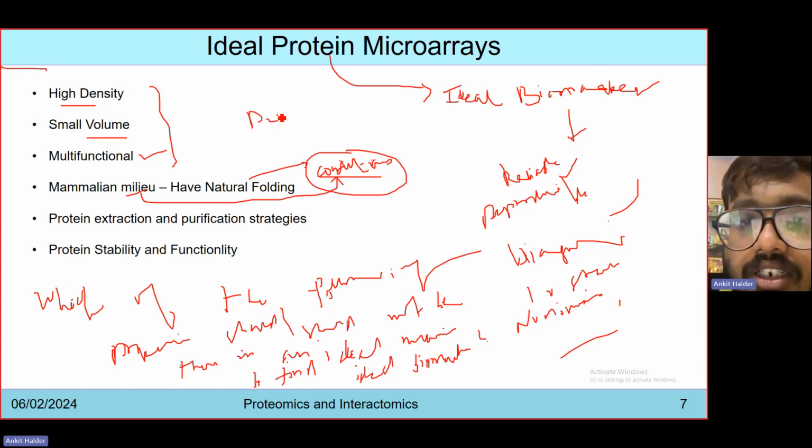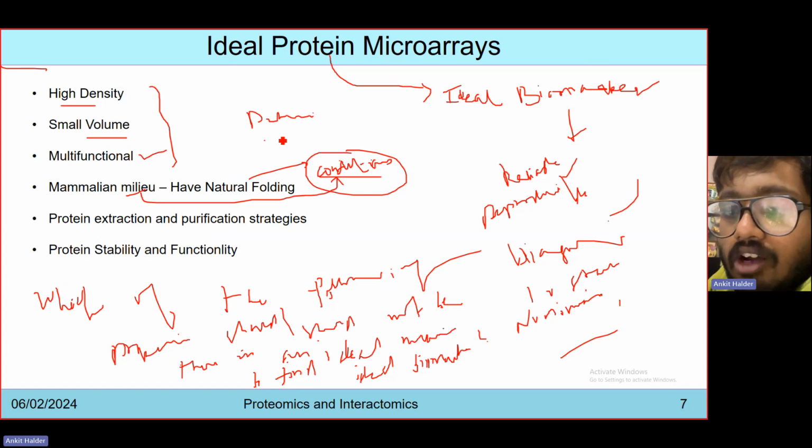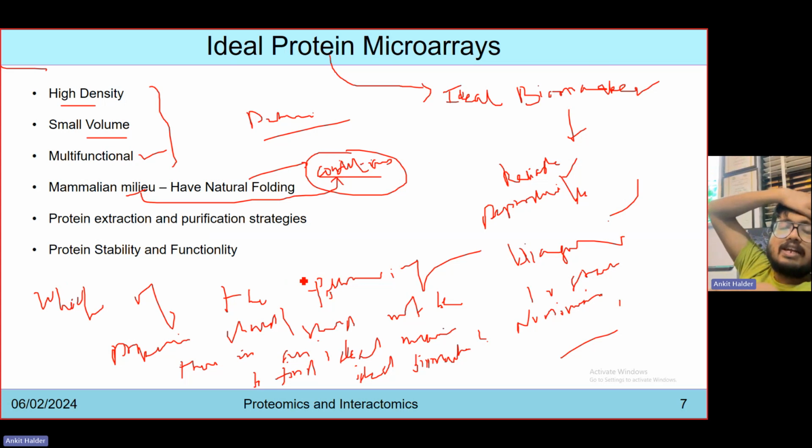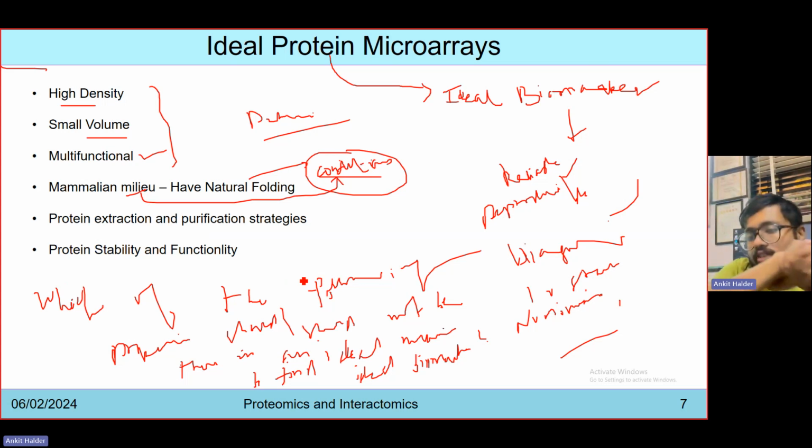So if we are trying to find out antigen and antibody reactions, though it occurs through different interactions like van der Waals interactions, it should have better natural folding. The major challenge whenever we work with proteins is to have a proper folding of the proteins. Then only its actual functionality can be easily monitored and understood.